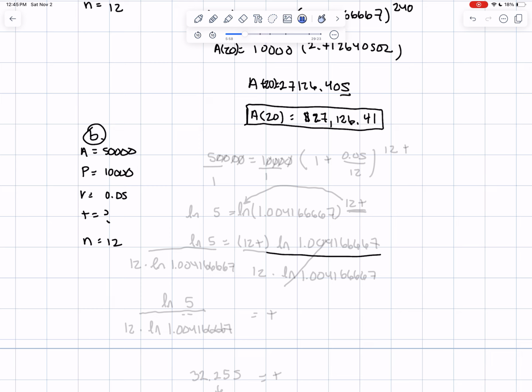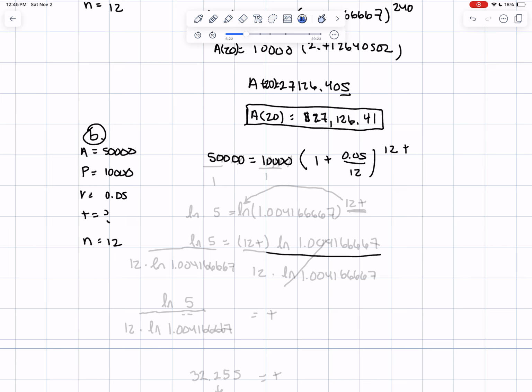Now I can set up our equation. It's going to be 50,000 equals 10,000 times (1 plus 0.05 divided by 12) raised to the 12t.